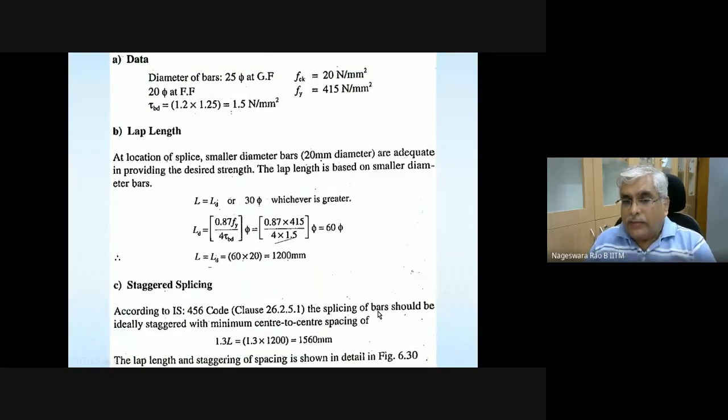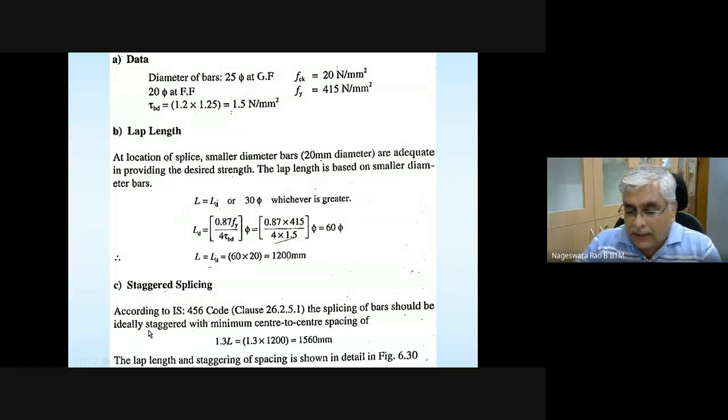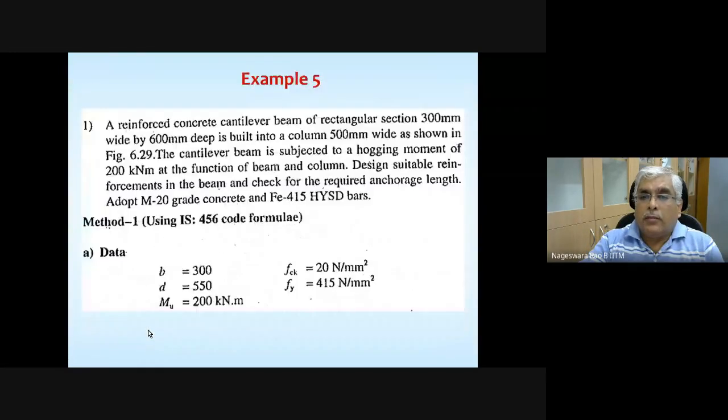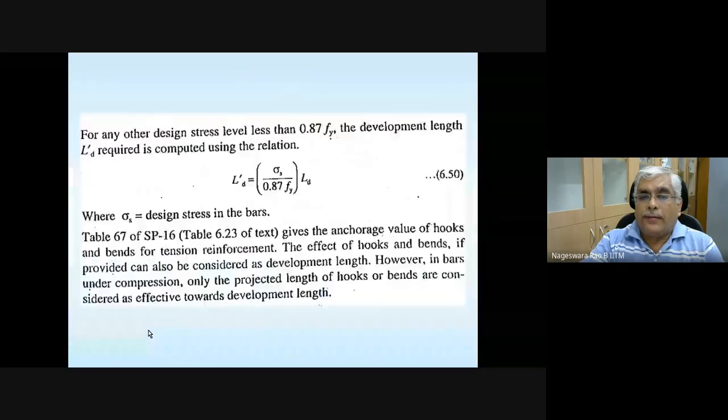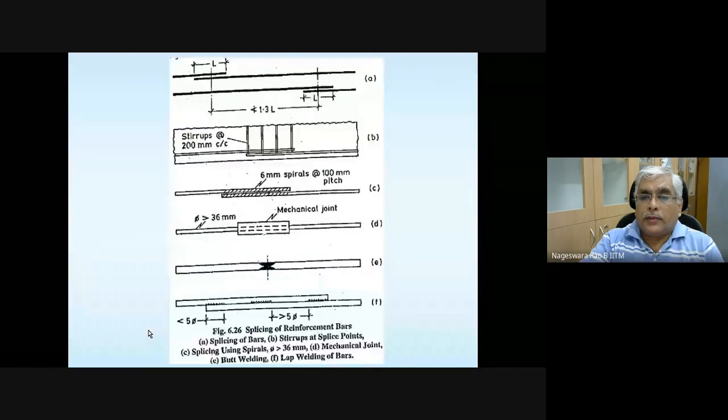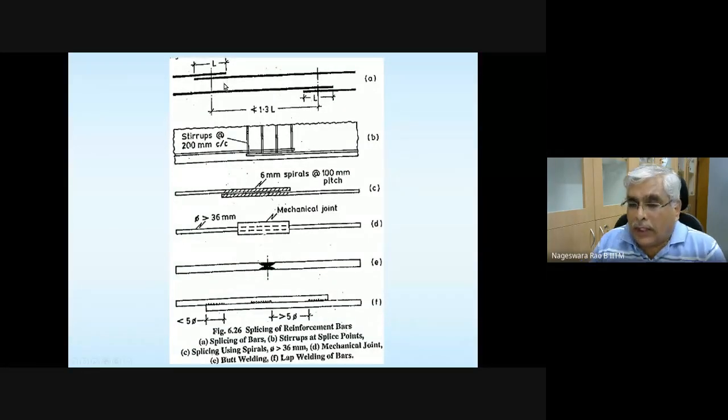And once you get the lap length, splicing of the bars should be scattered here. Please see this figure. So whatever you just calculated, that is this lap length.